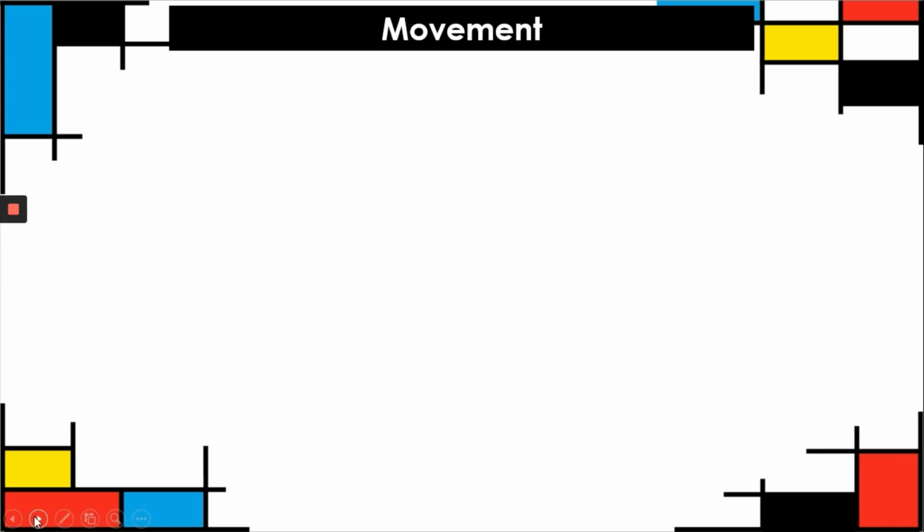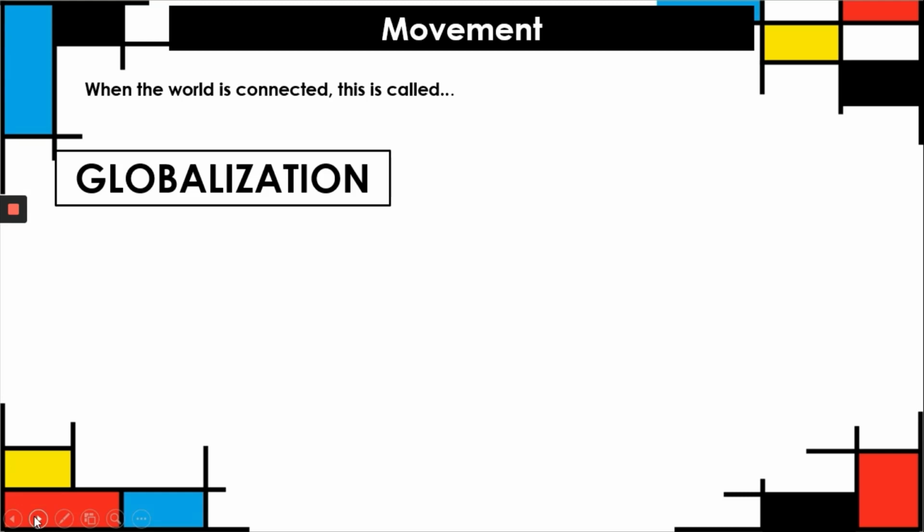Okay, so movement. When the world is connected, and ideas, goods, people are exchanged with each other, this is called globalization. Okay, that's a word I want you to think about.